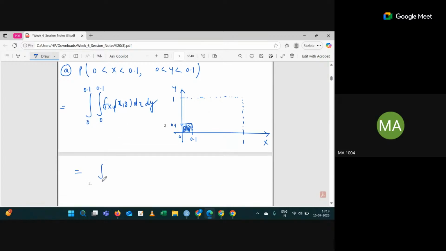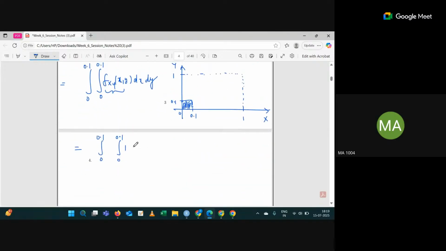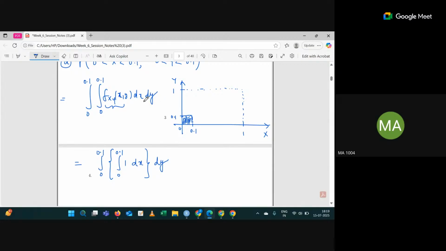And f of x comma y is given as 1 only. So first you integrate with respect to x, and then whatever you get inside the curly bracket, you integrate with respect to y. You can do vice versa also. You can write dy and then dx, not a problem.